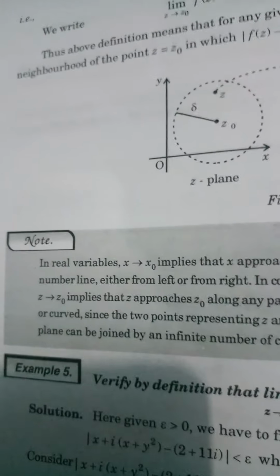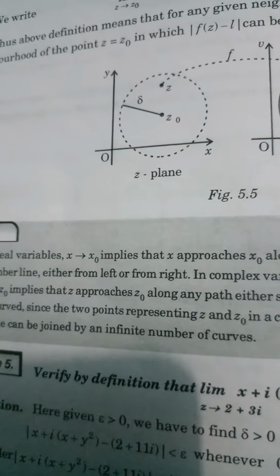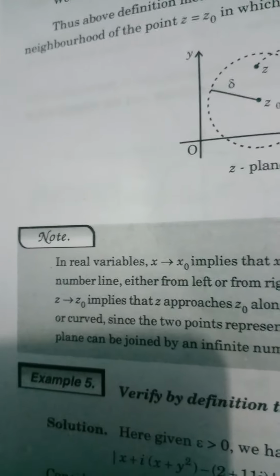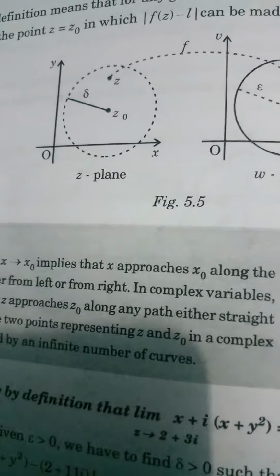Note, in the real variable, z approaching z naught implies that x approaches x naught along the number line, either from left or from right.